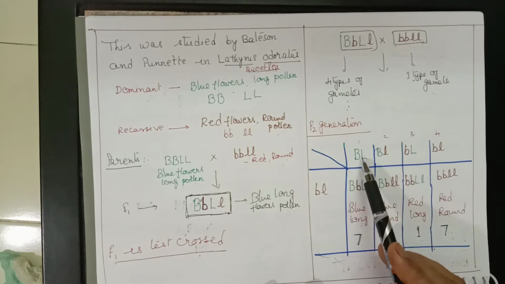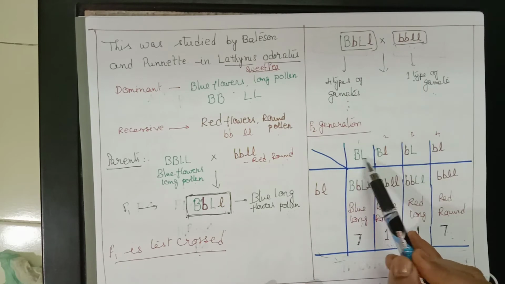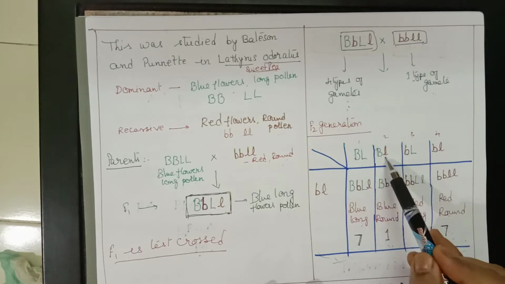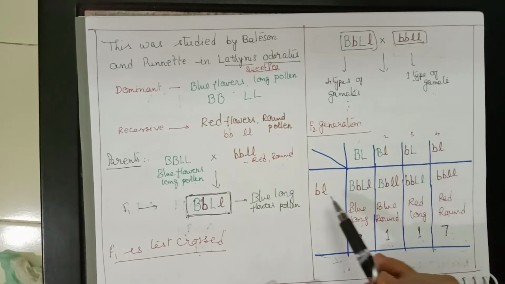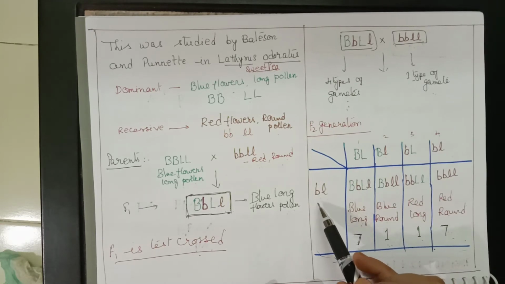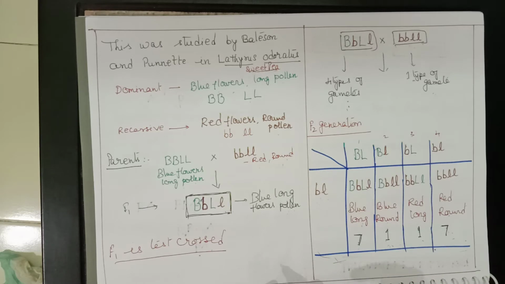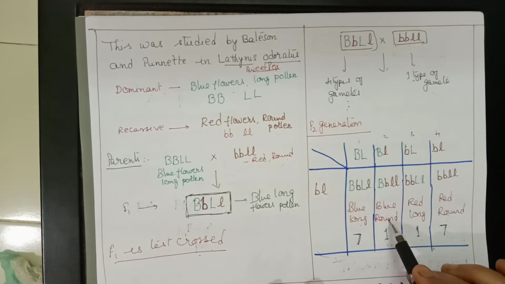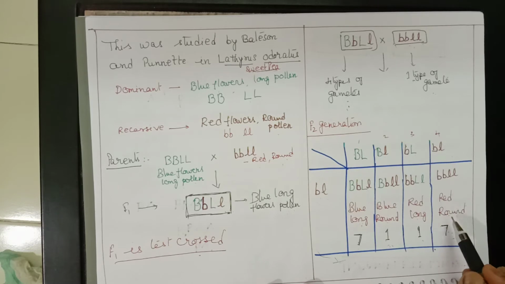So here we can find four types of gametes. The F1 individual will produce these four types of gametes, crossed with a recessive parent which produces only one type of gamete. Now if we cross, we get this genotype. What are the phenotypes? Blue and long, blue and round, red long, red round. So we get all four phenotypes. In which ratio?